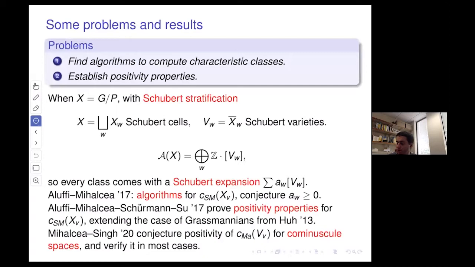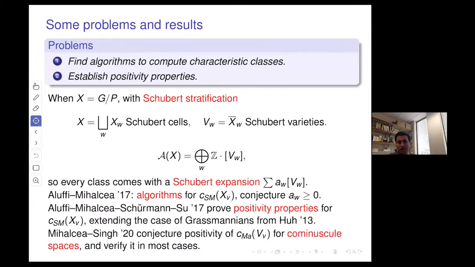And one of the first examples you might want to look at is a generalized flag variety, maybe a Grassmannian, and you look at its stratification by Schubert cells. You take the closure, these are the Schubert varieties. The Chow group is just the free group on the classes of these Schubert varieties.